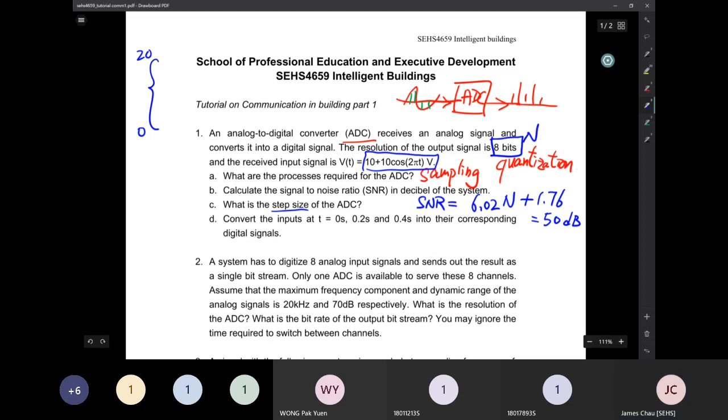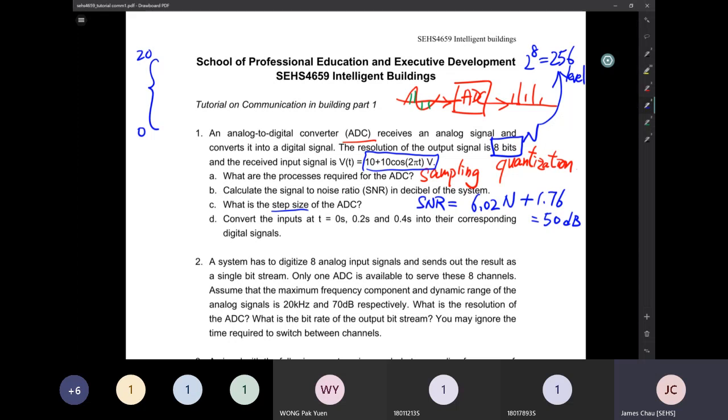This is the full scale of your analog input. And now we have 8 bits for the digital level. And normally, it gives you 2 to the power 8 or 256 level in your digital signal.